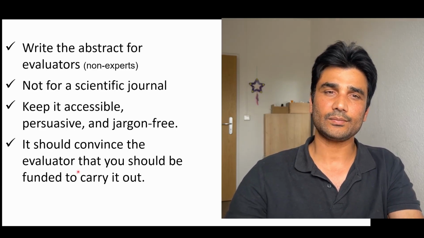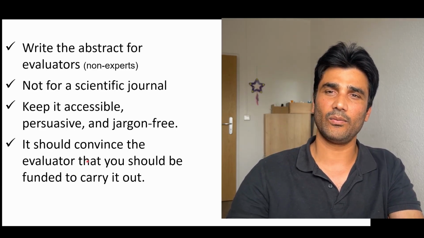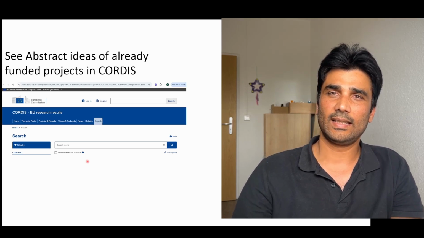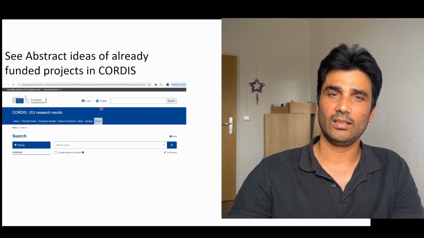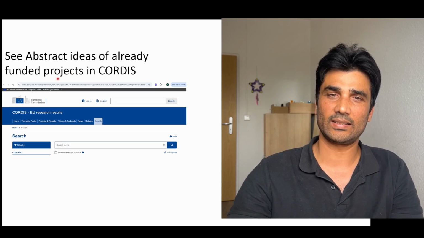And the last and final tip is that if you want to access already funded proposals and abstracts, you can go to this website. I will give a link in the description of this video, so you can get access to all MSCA funded proposals and abstracts.